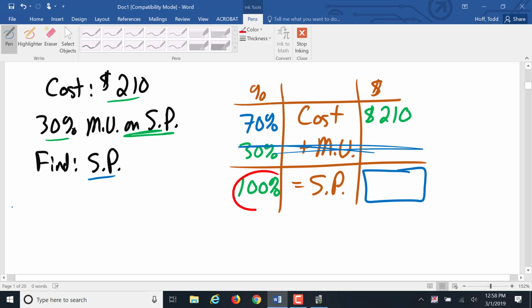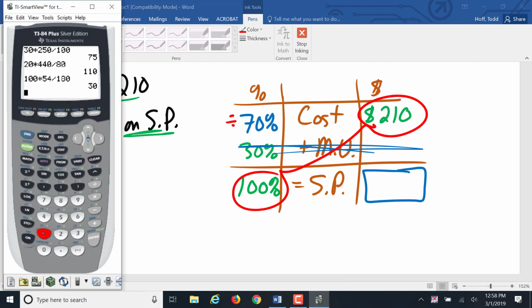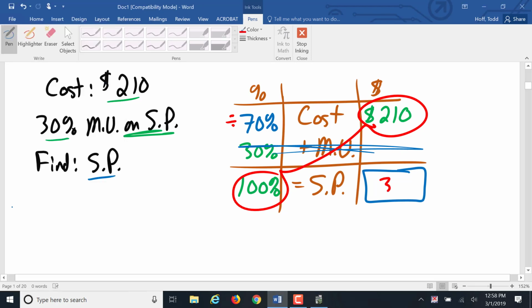We're going to cross multiply: 100 times 210 divided by the 70, which will give us $300. So $300 is our selling price. So that is the basics of markup based on selling price.